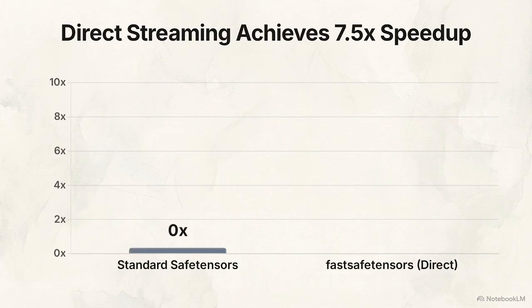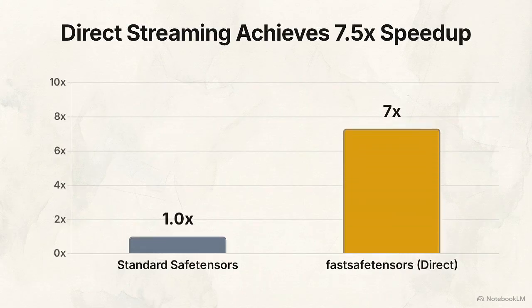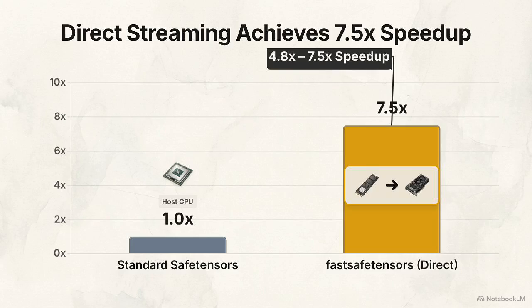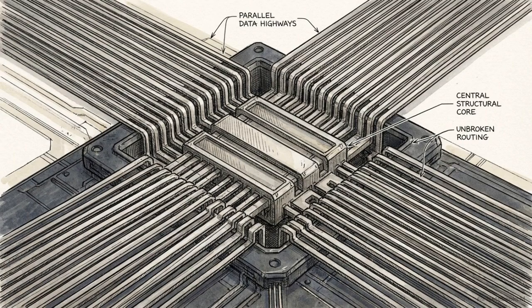This direct streaming method accelerated loading for the 176 billion parameter Bloom model by 4.8 to 7.5 times compared to standard Safetensors loading. The contiguous layout of Safetensors provided the specific structural requirements needed to leverage the physical limits of hardware-level direct memory access.